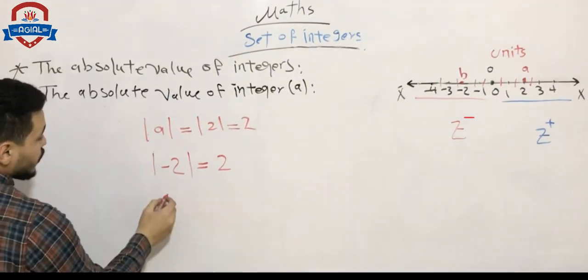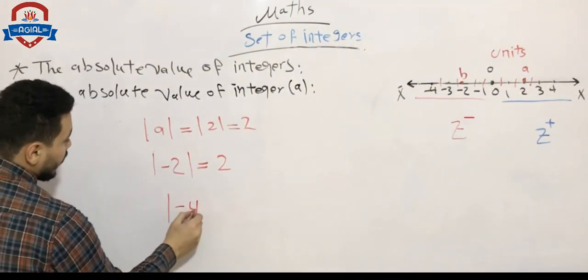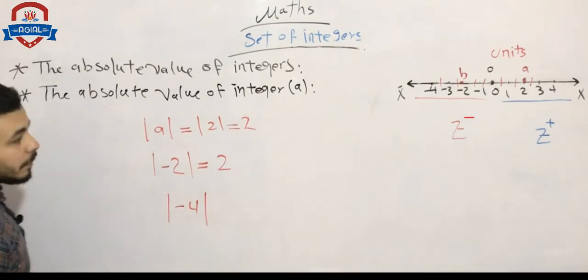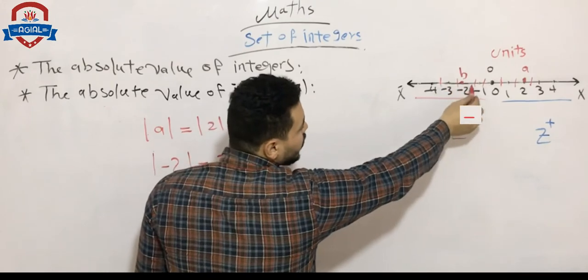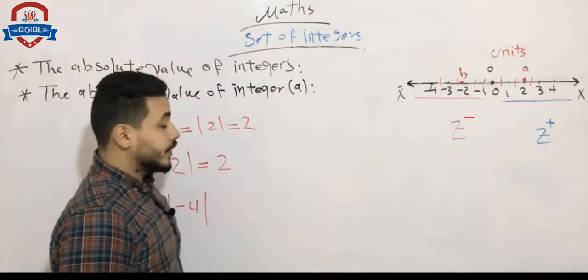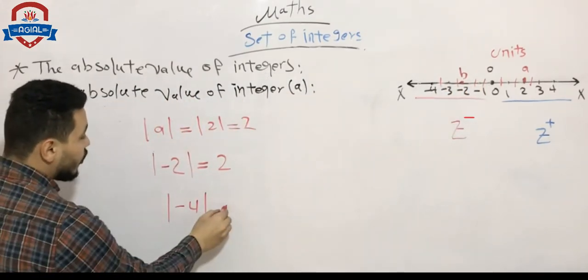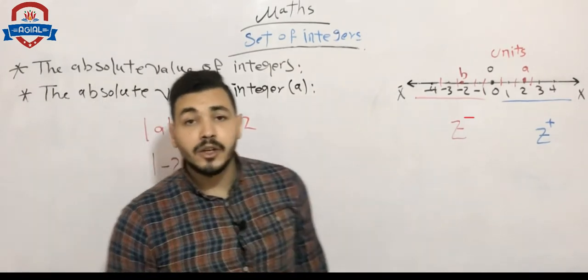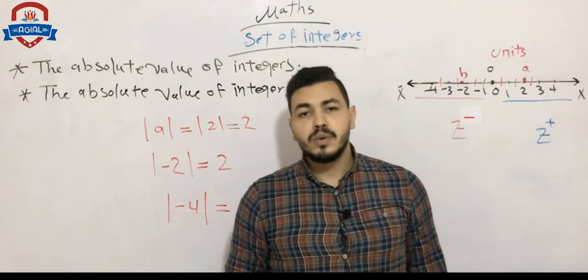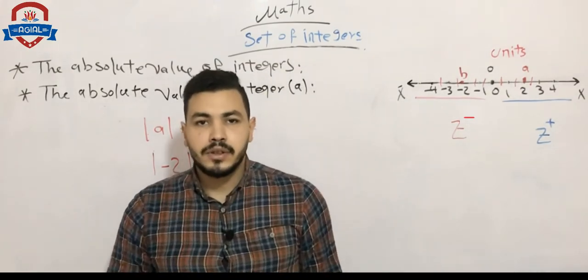And if we have the absolute value of negative 4, we have negative 4, so we have 1, 2, 3, 4. We have 4 units. So the absolute value of negative 4 equals 4. And notice that the absolute value of any integer number always equals a positive integer.